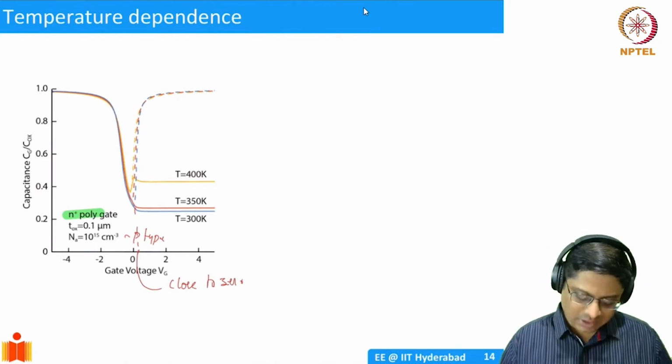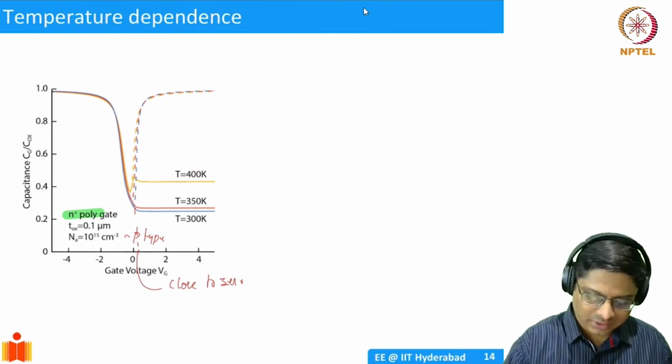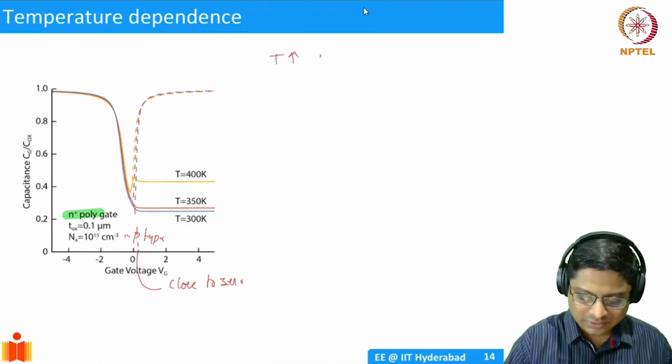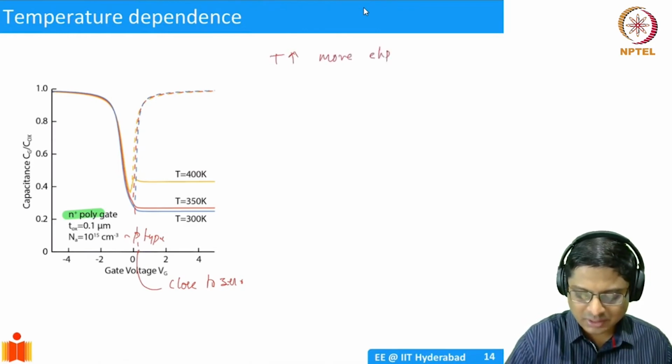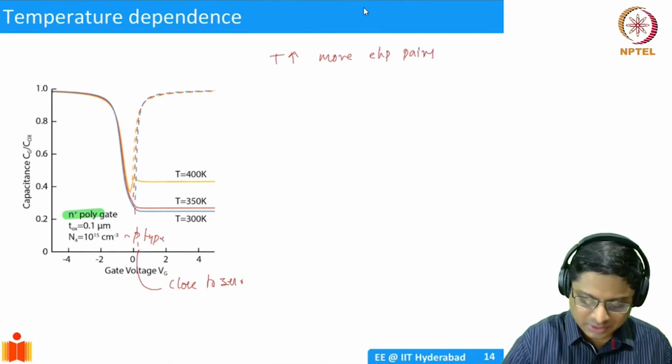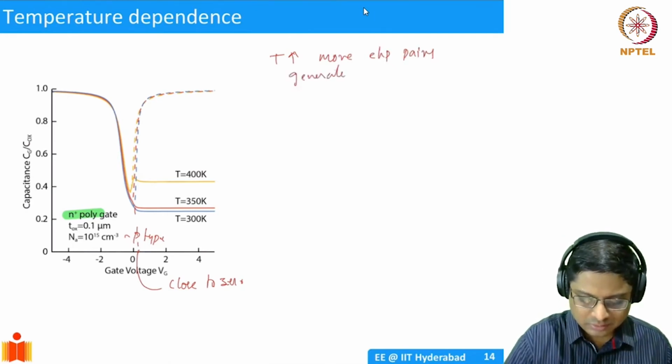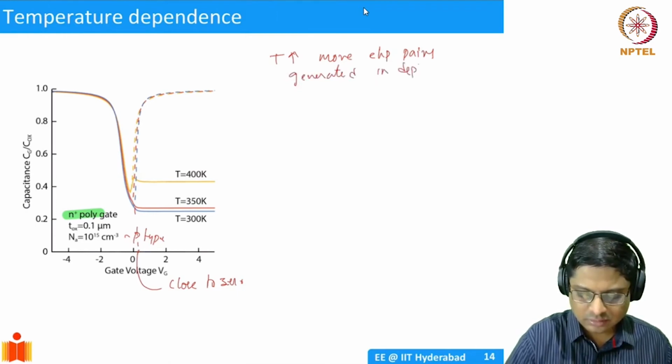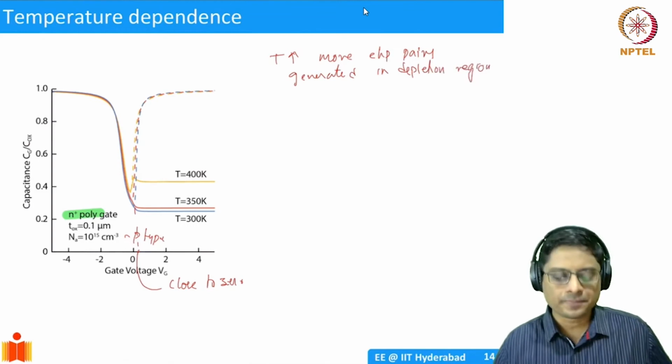Okay. And as temperature increases, as T increases, you have more EHP pairs generated in depletion, right?